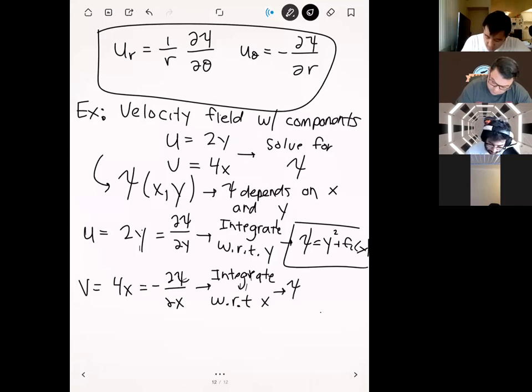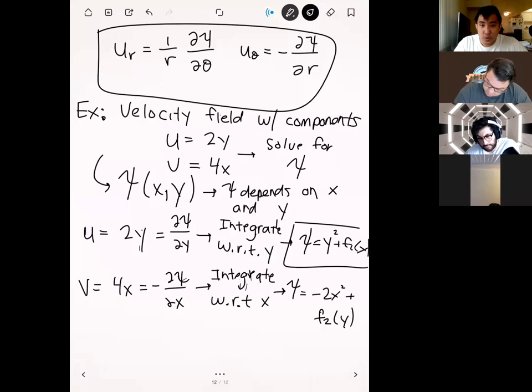From this, we get that psi is equal to minus 2x squared plus f2 of y. Same thing here: since we're just performing an integral with respect to x, we don't know what the y component is.